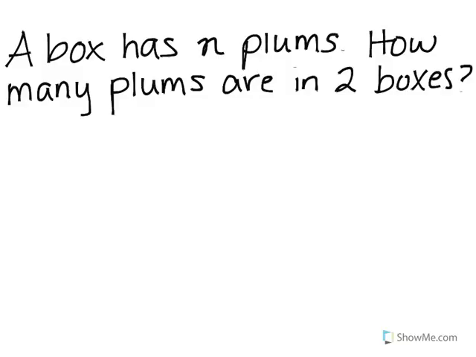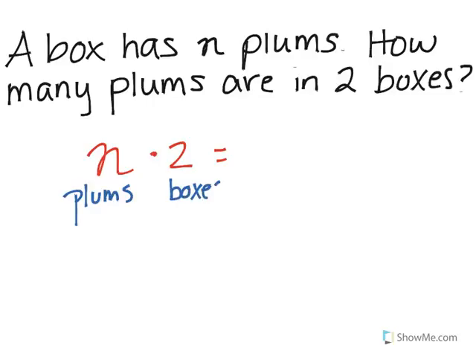So in this one, a box has n plums. How many plums are in 2 boxes? So we have n plums times 2 boxes. So this is plums, and this is boxes, and it equals 2n.